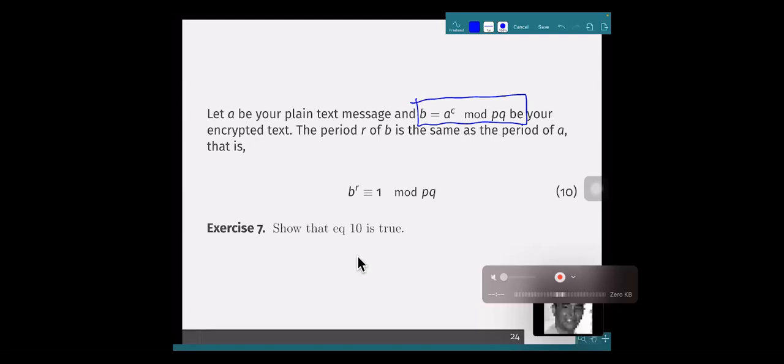It turns out that the period of B is the same as the period of A. So how do we show that? Let's show that by this one here.